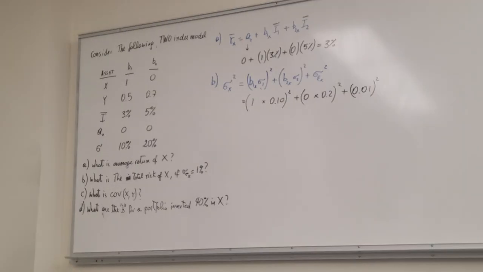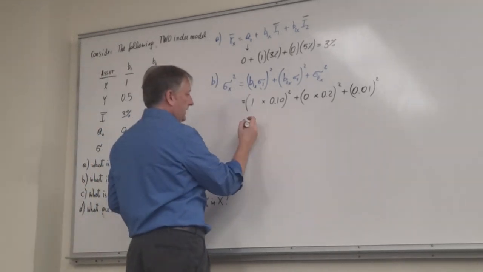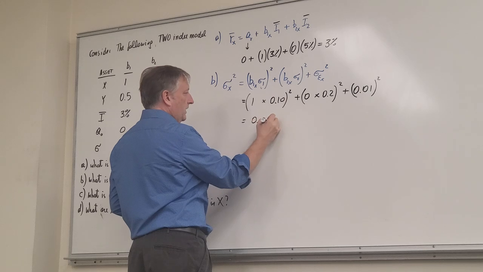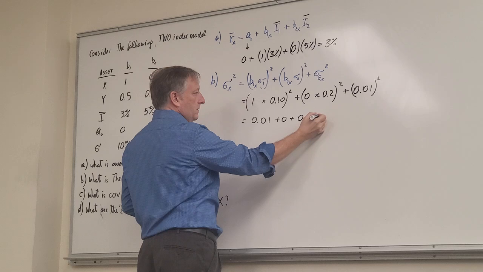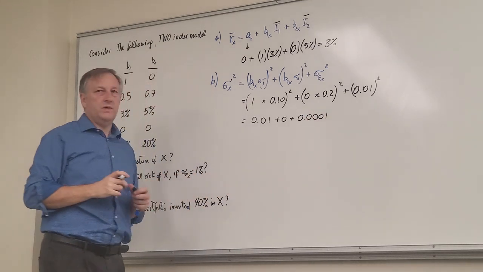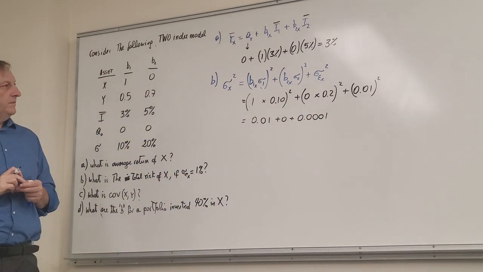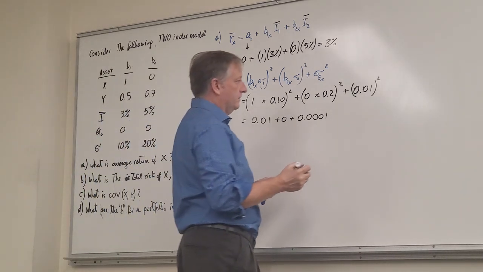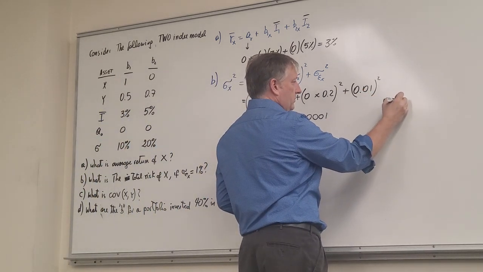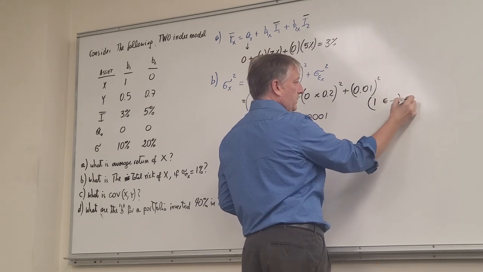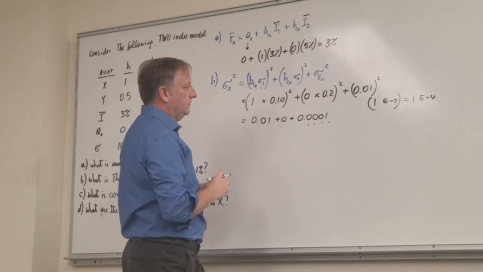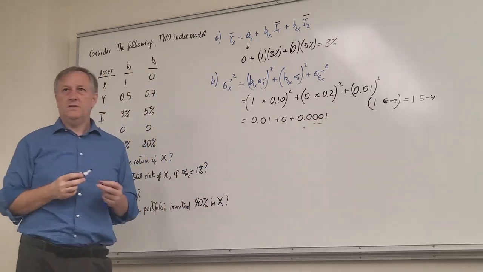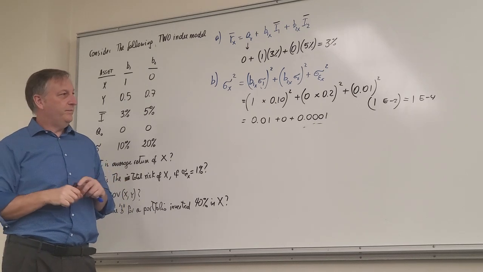So the calculations carrying over are the exact same as for the single index model, but a bit more complicated. So this is 0.01, is that right? Yes. I don't know how many zeros I have to carry over. So this is E minus 2 squared. 1, 2, 3, fourth place. Should be right. Do you ever use scientific notation?